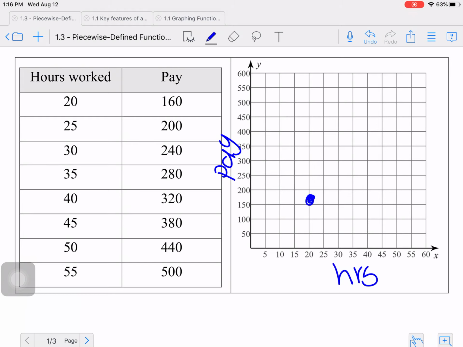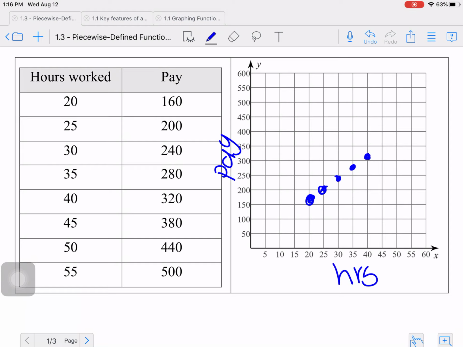For 25 hours, she got $200, which is right there. For 30 hours, she got 240, somewhere right there. For 35, she got 280, somewhere right there. And for 40 hours a week, she got 320, which is somewhere right there.